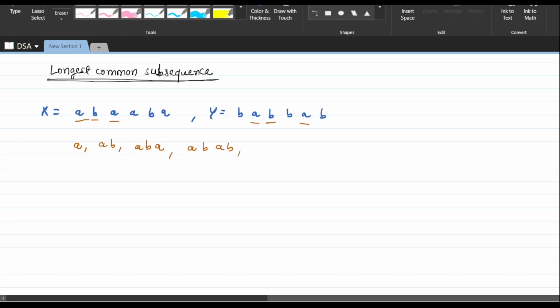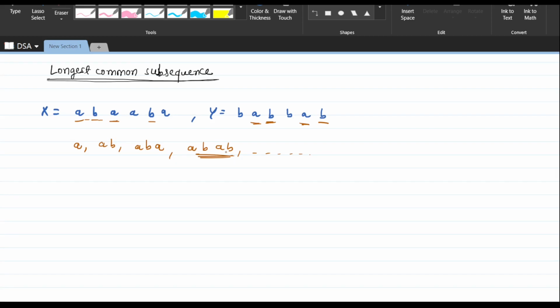So it can be AB, and then AB. And so on. We will find that the longest common subsequence has a length of only 4. We have to find the length of the longest common subsequence in this problem.